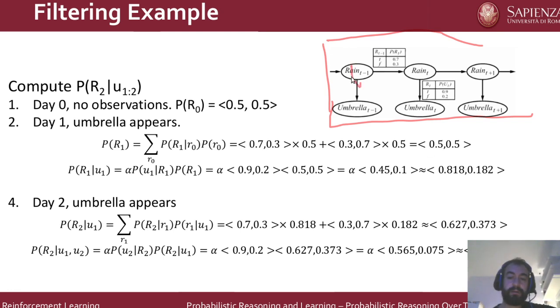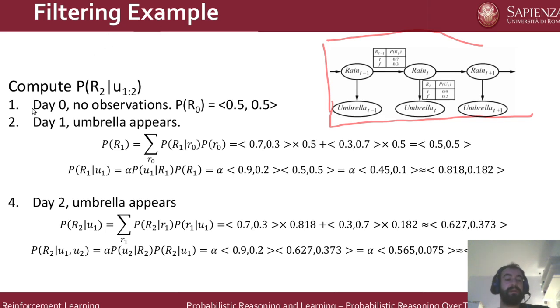So our state is rain, and our observation is umbrella. Now we want to know the probability that at day 2 it's raining, given that we have observed two values for umbrella, yesterday and today. So today we want to know whether it's raining, given that yesterday and today we have seen a person entering the room with or without an umbrella.